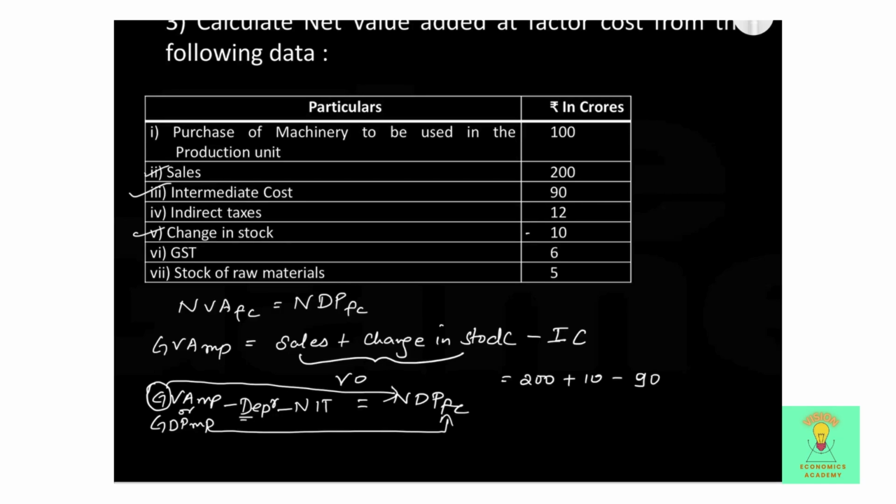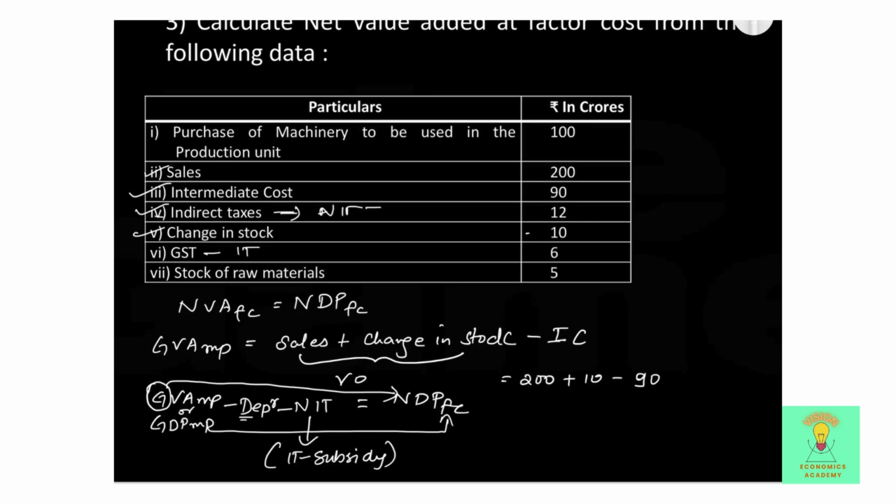So indirect taxes is there. Net indirect taxes is indirect tax minus subsidy. So since subsidy is also not given, oh okay, indirect taxes is given directly, net indirect taxes. So as indirect tax is given here, subsidy is not given, so here the whole value of net indirect taxes is given.